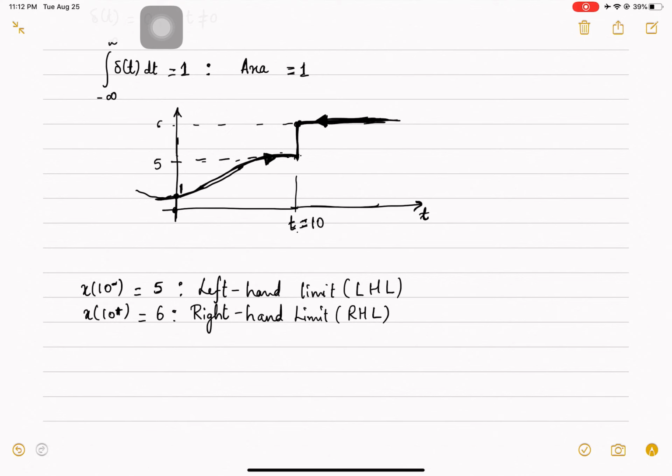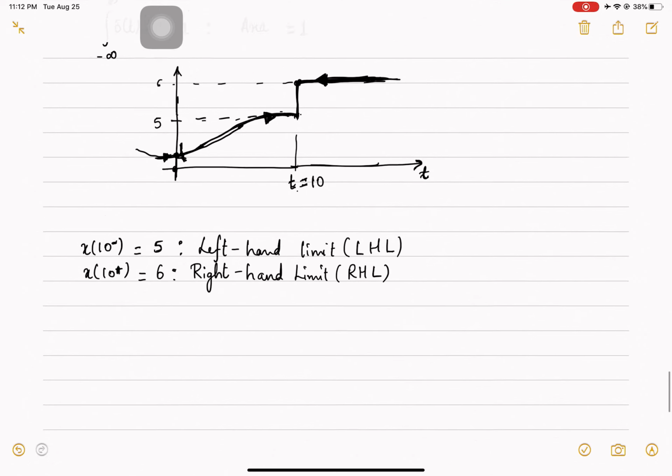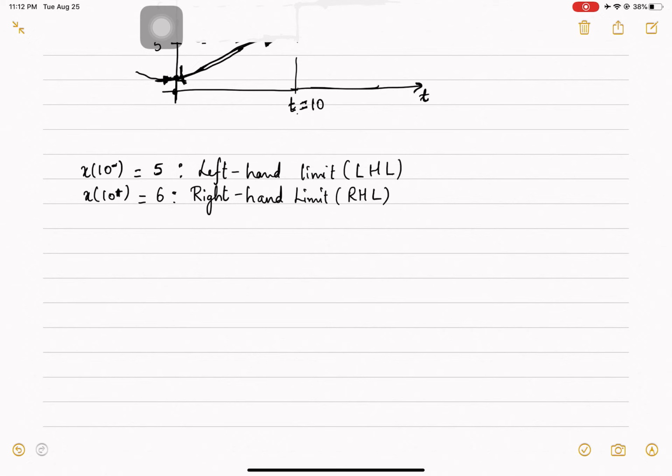If you approach from the right hand side, you are approaching the value of 1. If you approach from the left hand side, you are approaching the value of 1. So it is continuous at t equal to 0. Whereas at t equal to 10, the function has two different values when you approach from the left hand side and from the right hand side. So the function is said to have a discontinuity at t equal to 10.